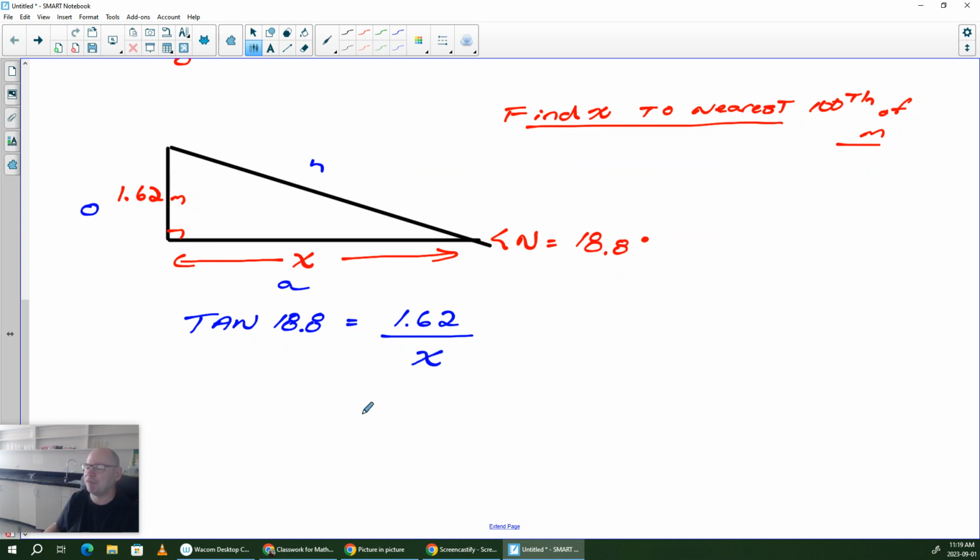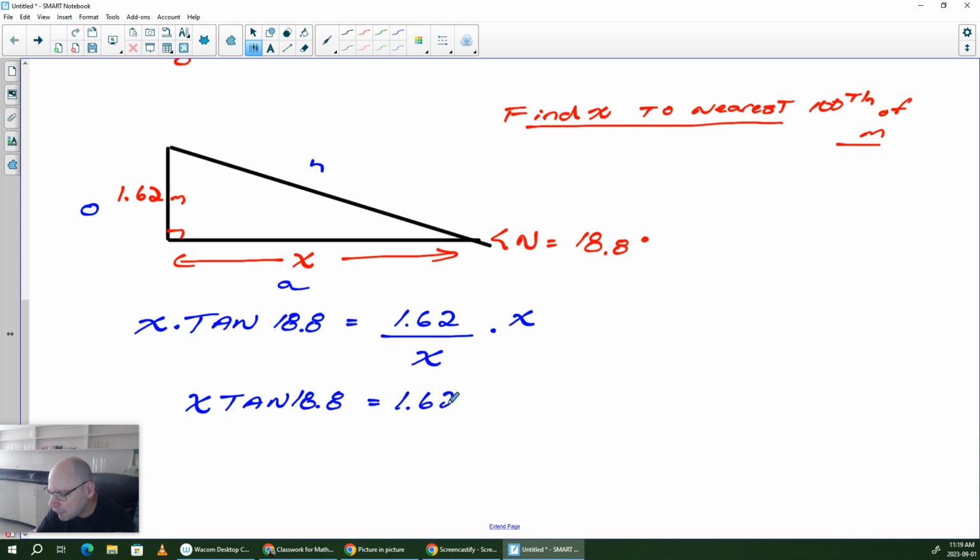Okay, so we have to do a couple of steps to get x by itself because it's on the bottom of a fraction. So we've got to get that denominator out. The first step is to multiply both sides by x. So we've got x times tan 18.8 equals 1.62.